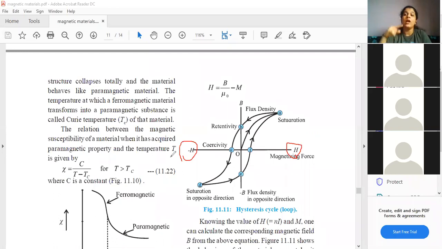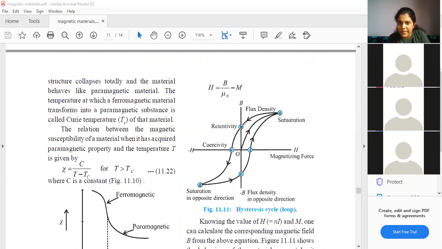No, we are providing current in the opposite direction. We will now be changing the direction of the current going through the solenoid, so that current moves in the opposite direction.